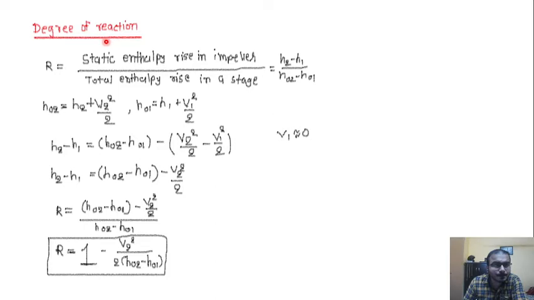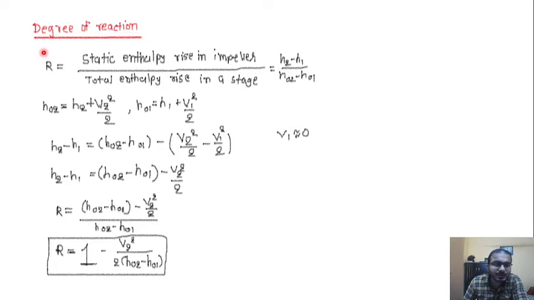Here the degree of reaction is defined as the ratio of static enthalpy rise in the impeller to total enthalpy rise in a stage. So why is this definition important? See, the pressure rise happens both in the impeller as well as the stationary parts, that is the diffuser and volute.